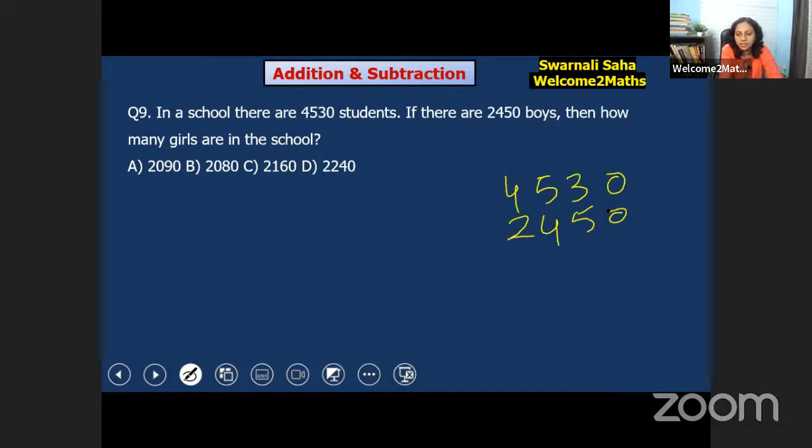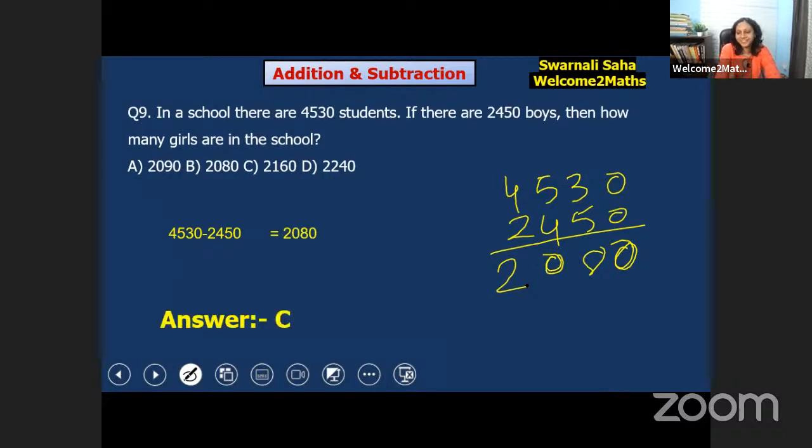Then how many students are girls? That you have to find out. Okay. So you have to do the subtraction only. Now tell me which would be the answer. Yes, yes. 2080. Okay.